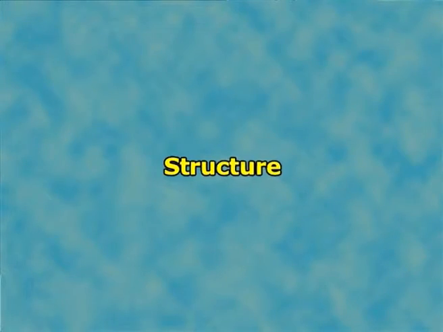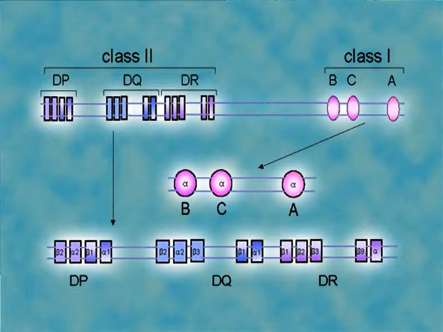Structure. The MHC complex resides in the short arm of chromosome 6 and the overall size of the MHC is approximately 3.5 million base pairs. The complete 3-dimensional structure for both class 1 and class 2 MHC molecules has been determined by X-ray crystallography.